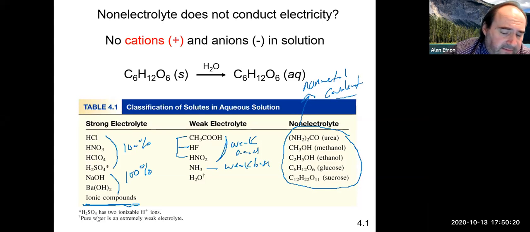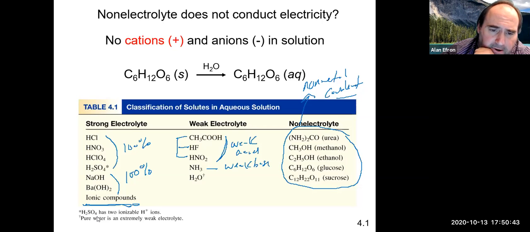We have a lot of carbons, hydrogens, nitrogens, oxygens, and they will dissolve in solution but will not produce any ions and thus not conduct electricity.